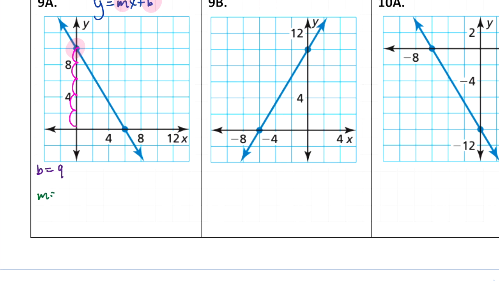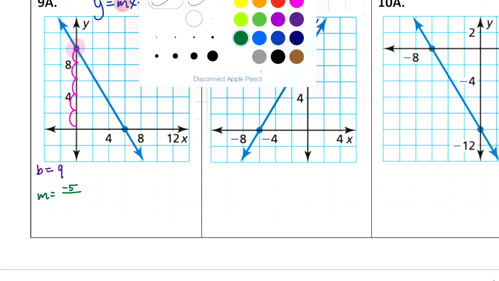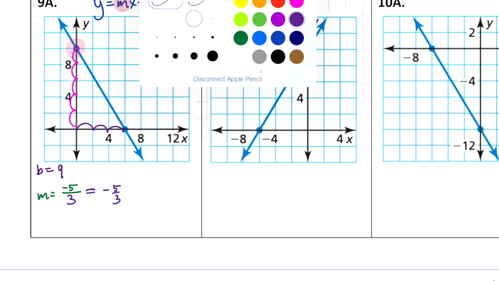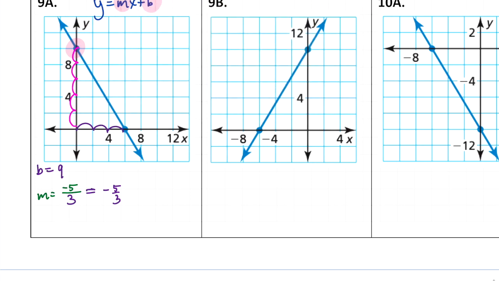So m is rise over run. So I'm going to put the -5 there. And it's going to the right, 1, 2, 3. So my slope is -5/3. Now I've got everything I need to write this into slope-intercept form. Here I've got y is equal to -5/3 x plus 9.